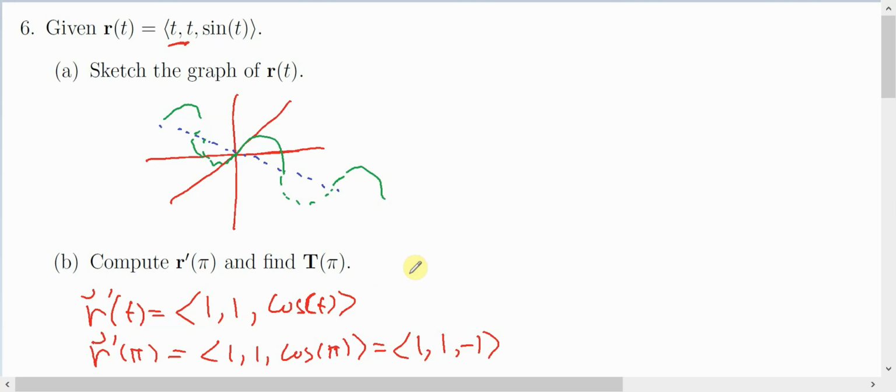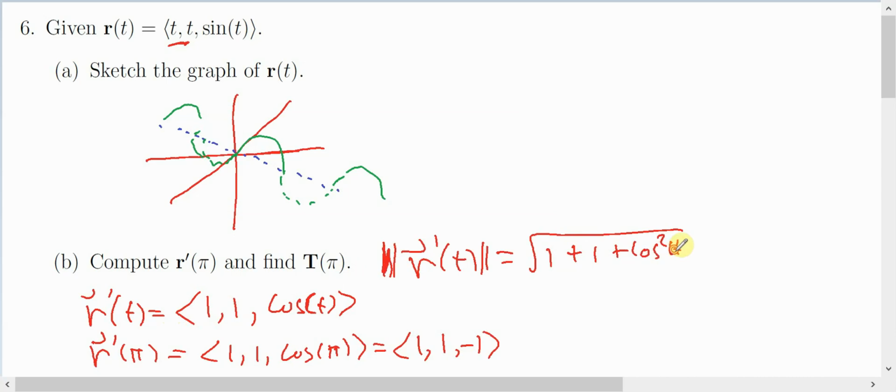To get the unit tangent vector, I need to find the magnitude of r prime. The magnitude is the square root of 1 squared plus 1 squared plus cosine squared. What I get for T at pi is r prime at pi divided by the magnitude of r prime at pi.